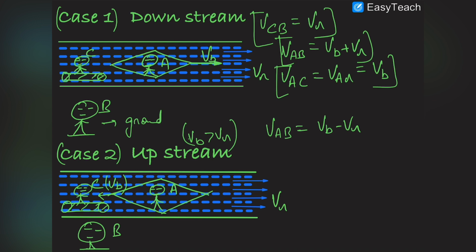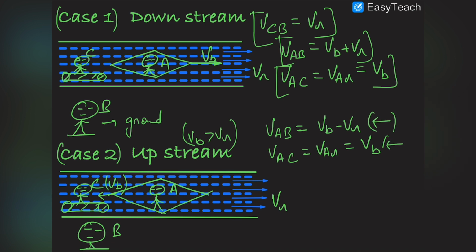So this is the velocity of the boat with respect to ground, and the velocity of the boat with respect to C is the velocity of the boat with respect to the river itself, because C is part of the river. So you can say that it would be VB in the backward direction, and this is also in the backward direction.